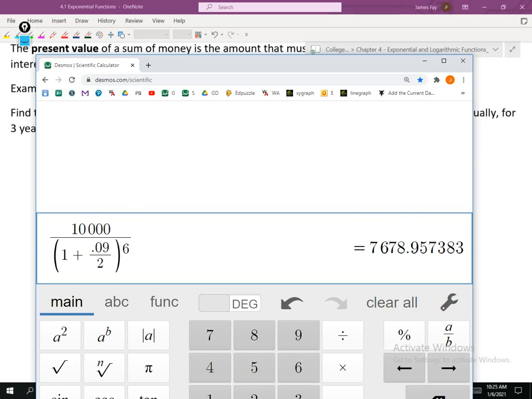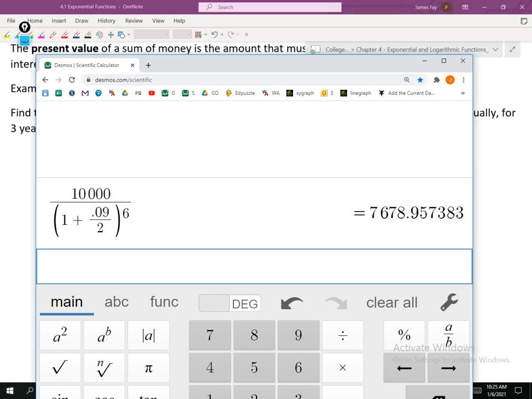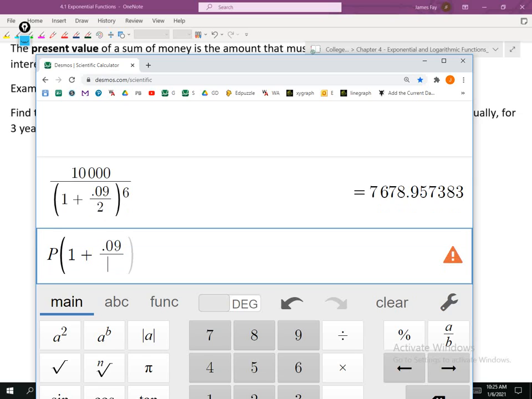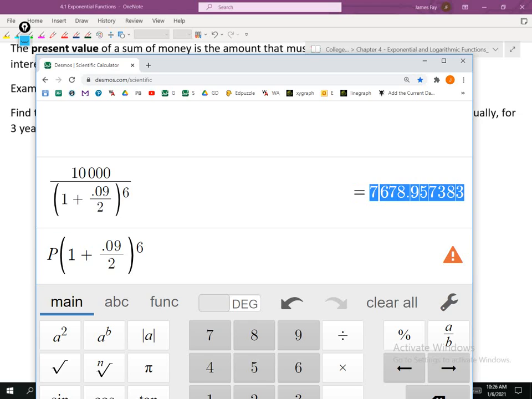You can, once you do this in Desmos, this is what I love about it. Remember, that was the formula, right? I was looking for what amount I need to put in there. Well, if I put this amount right there for P and evaluate this, you can do this a couple different ways.